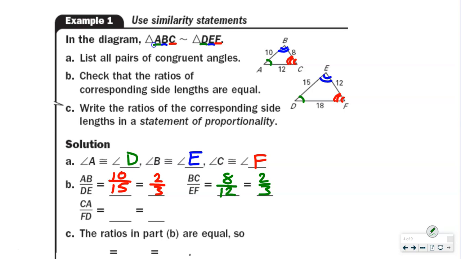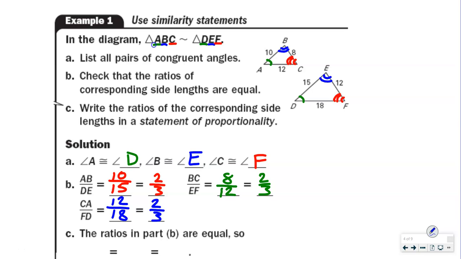And then CA and FD. CA is 12. FD is 18. And that simplifies to 2/3.